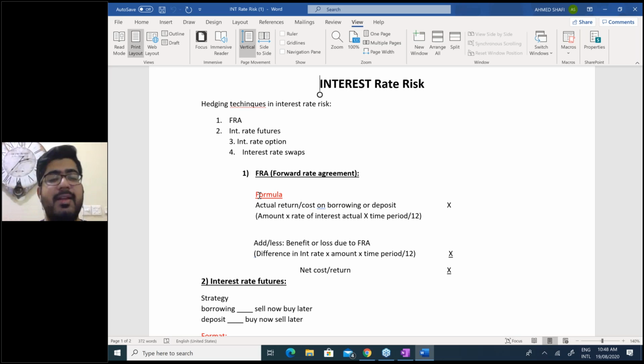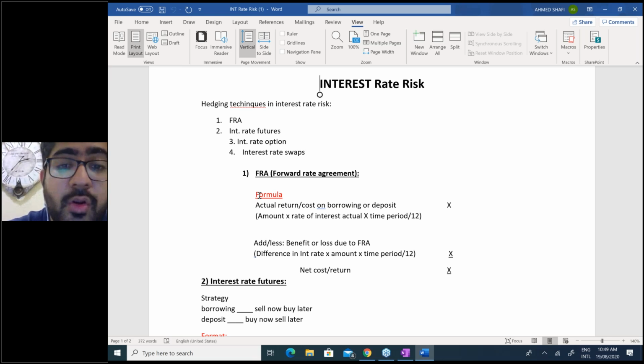Now, what is the problematic stuff here? Kindly pay attention. The problematic stuff is that when you take actual return on deposit or cost on borrowing, it's very easy: amount into actual interest rate into time period over 12.